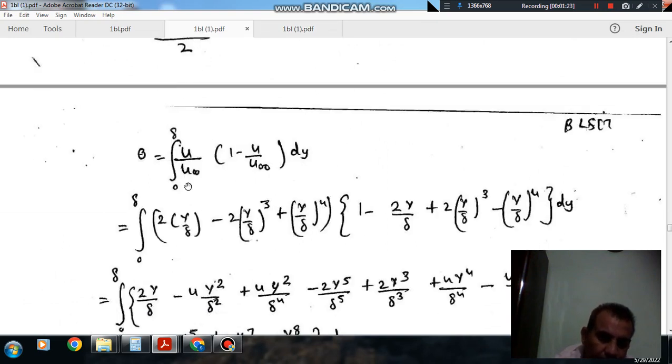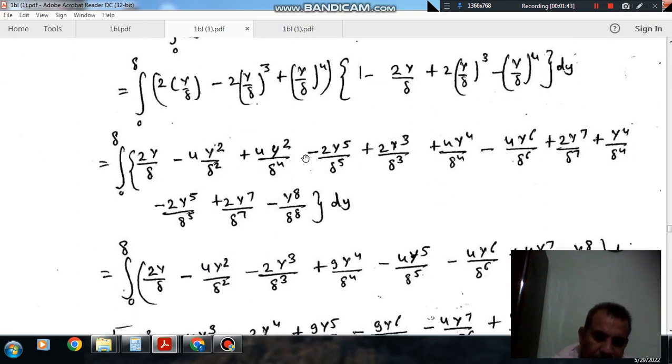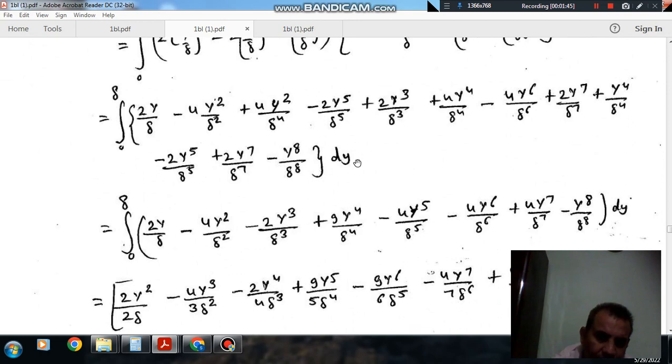Okay, and this will be 1 minus 2y by delta plus 2y cube by delta minus y by delta 4, dy.